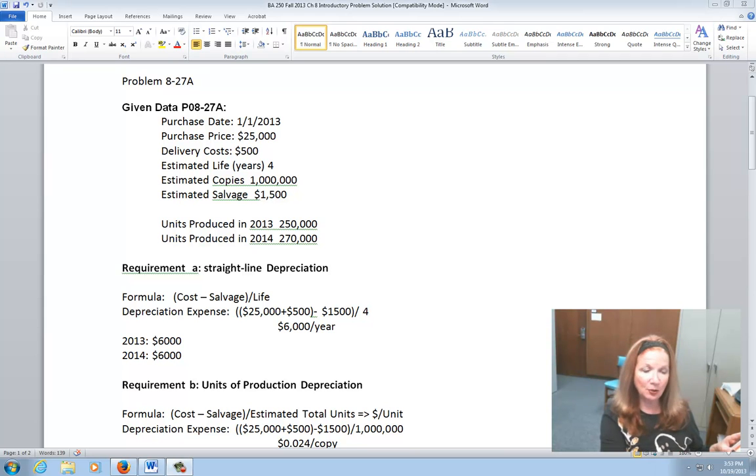The copier produced 250,000 copies in 2013 and 270,000 copies in 2014. Compute the amount of the depreciation expense for the copier for calendar year 2013 and 2014 using these methods: straight line, units of production, double declining balance, and the Marx method.